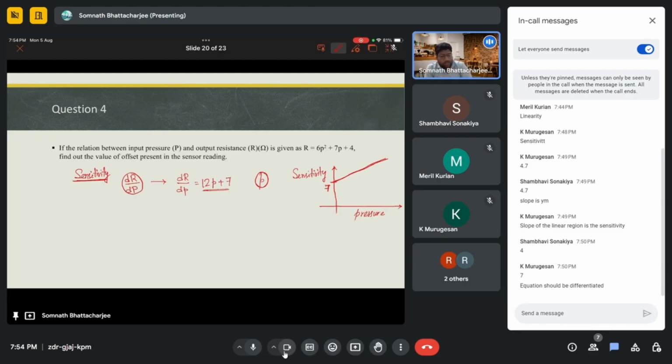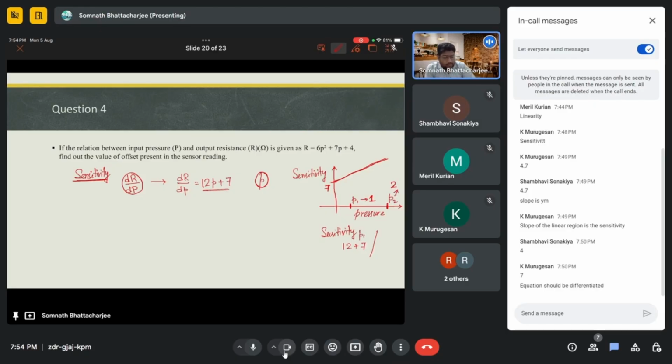With respect to change in the pressure, if the pressure is P1, that can be 1 maybe, the sensitivity will be 12 plus 7. Whereas if we are calculating for P2, which can be maybe 2, the value of sensitivity will change.